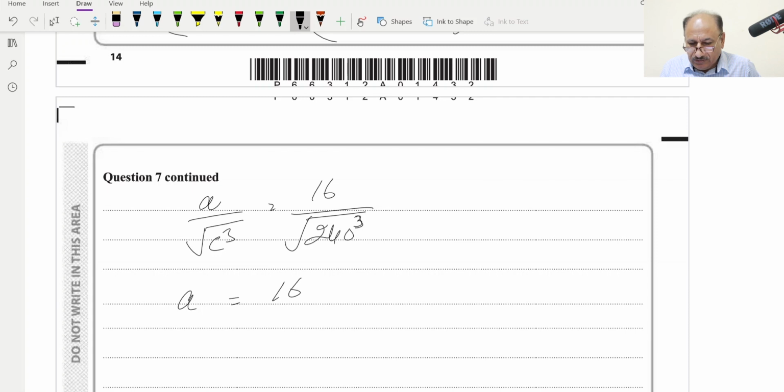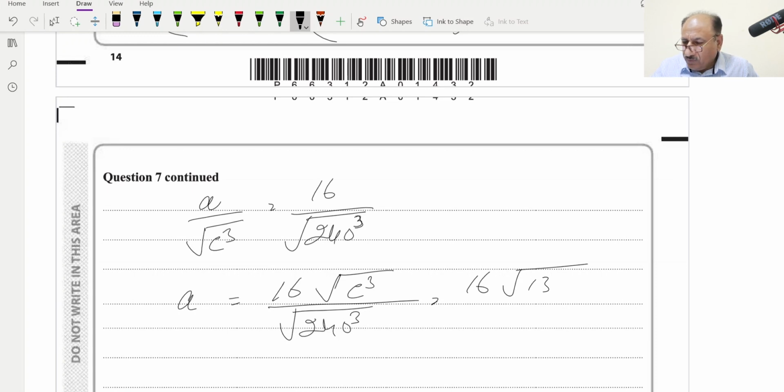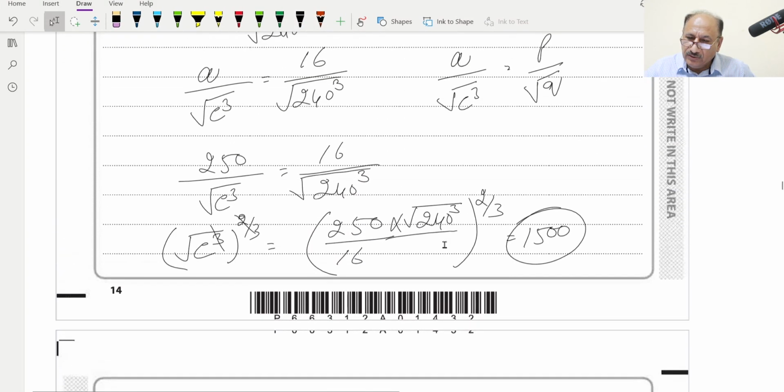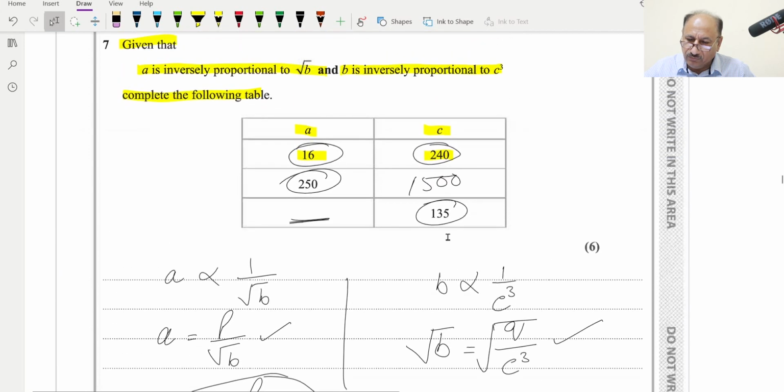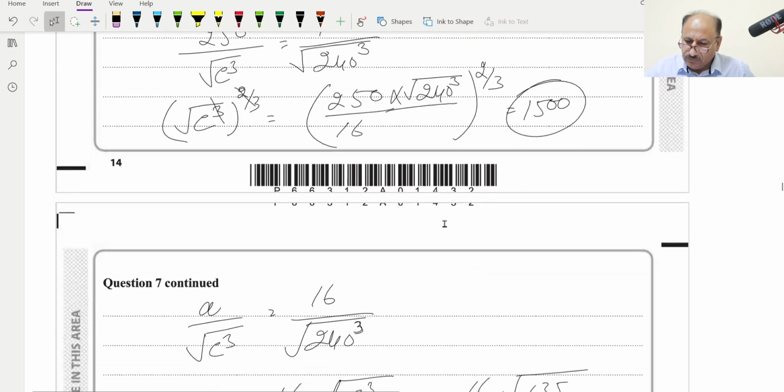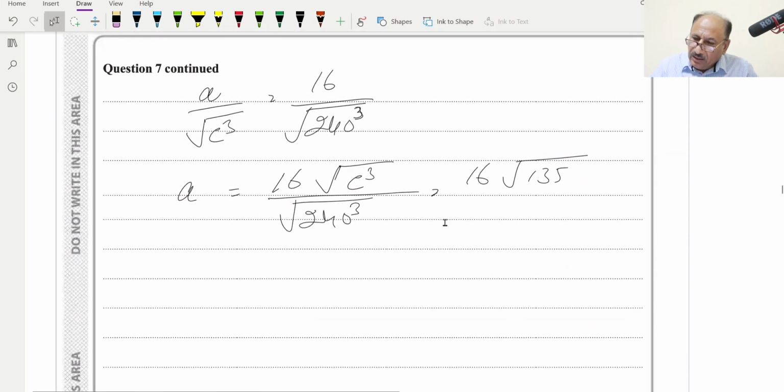This will be 16 under root C cubed over 240 cube root, and this is equal to 16 root of 135, using this value given in the table, cubed, over root of 240 cubed, and this is what we need to find.